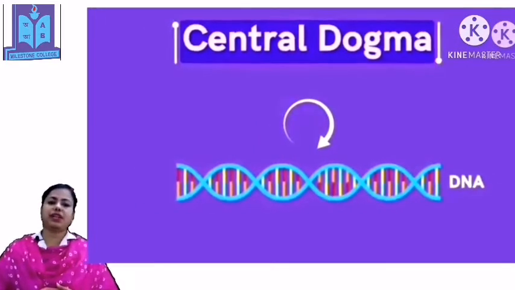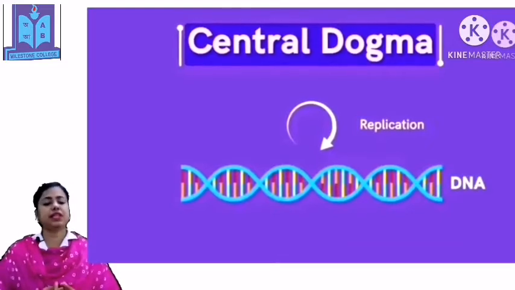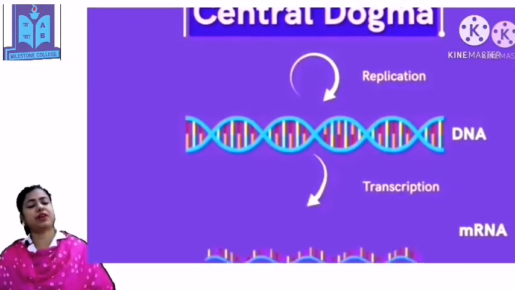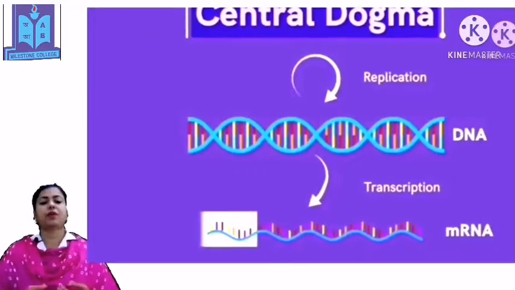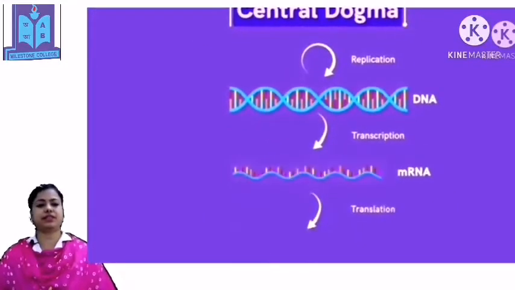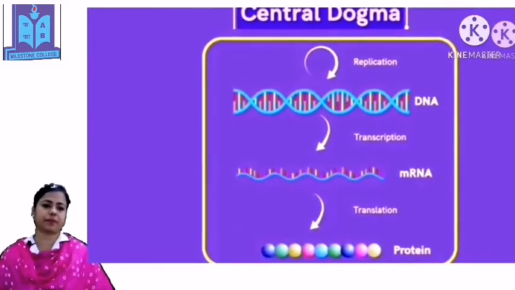So, what exactly is the central dogma? DNA makes a copy of itself by the process of replication. Post-replication, in every cell, the code of DNA is cracked and transcribed into messenger RNA.